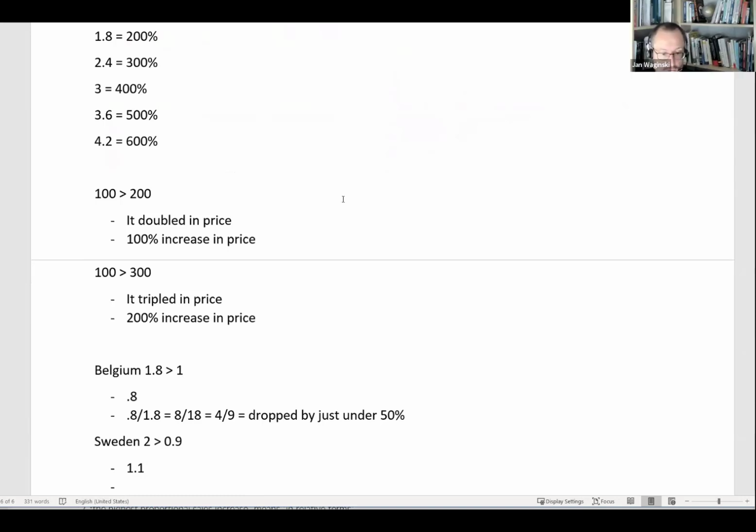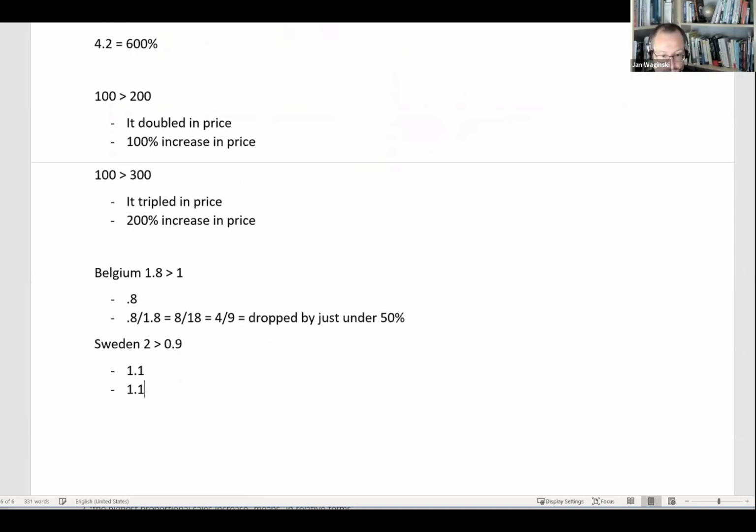And then we've got to do this over our first number in the comparison, and that gives us, again, don't take out a calculator, just what is it approximately? Dropped by just over or under 50%? Over.